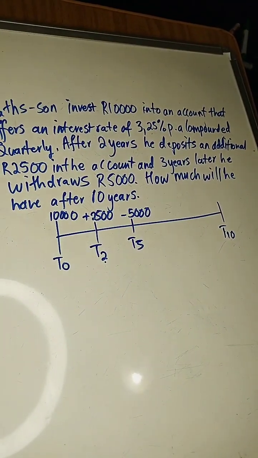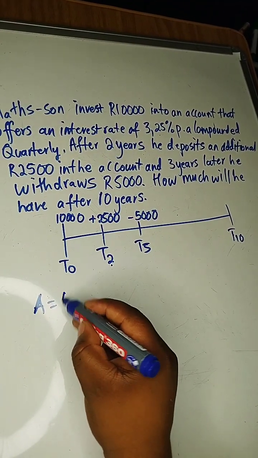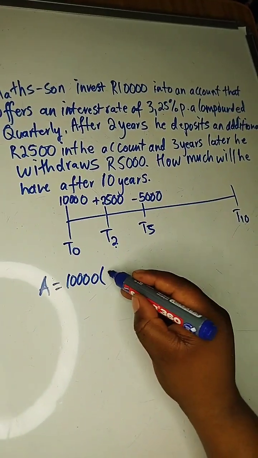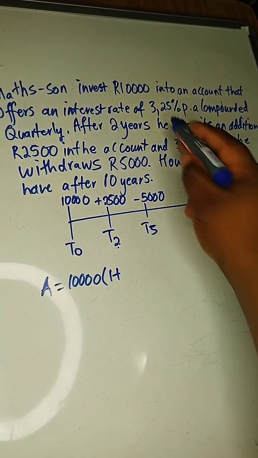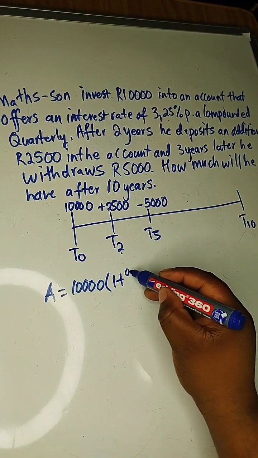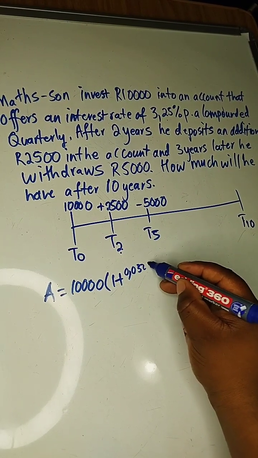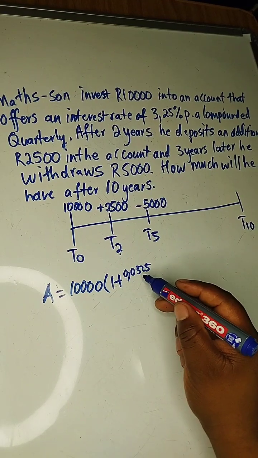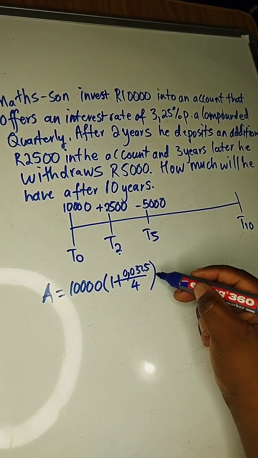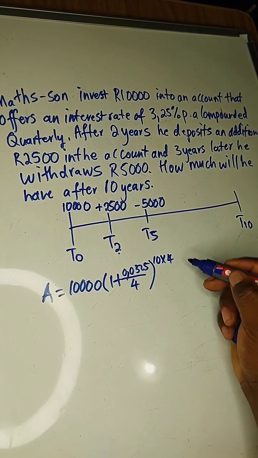That is my timeline. So hence my A here should equal 10,000 into (1 plus, we know then we divide that one by 100, so you'll have 0.0325) divided by 4, raised to 10 times 4.